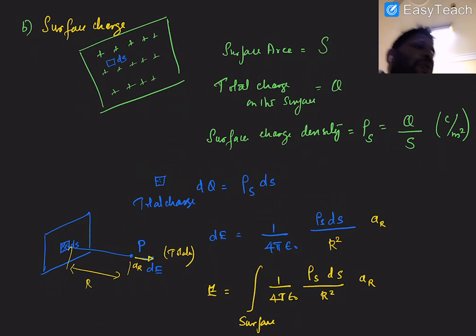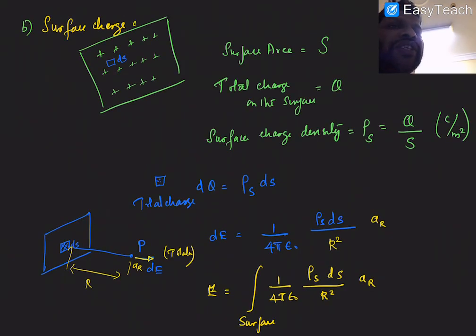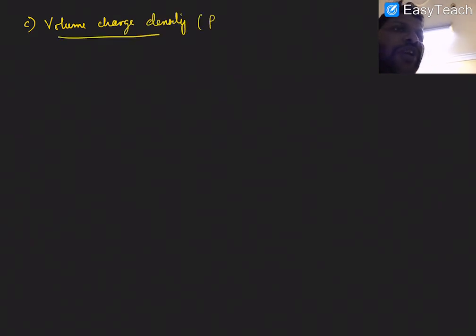Okay. So next we will talk about the volume charge density. Previously we have talked about the surface charge density. Now this is the volume charge density, and it is usually denoted as rho v.